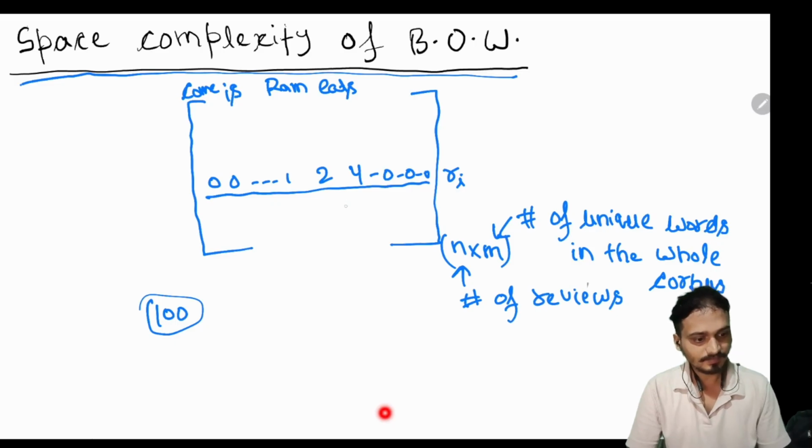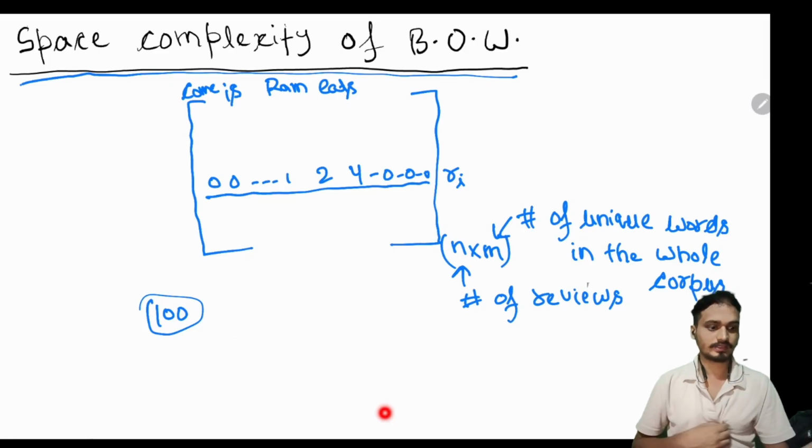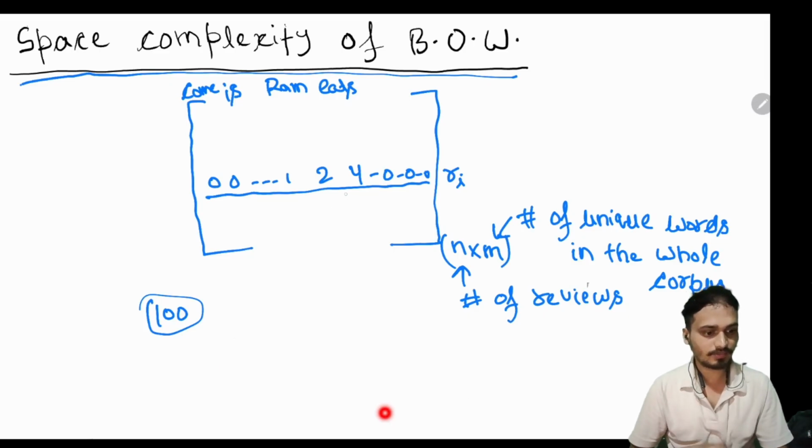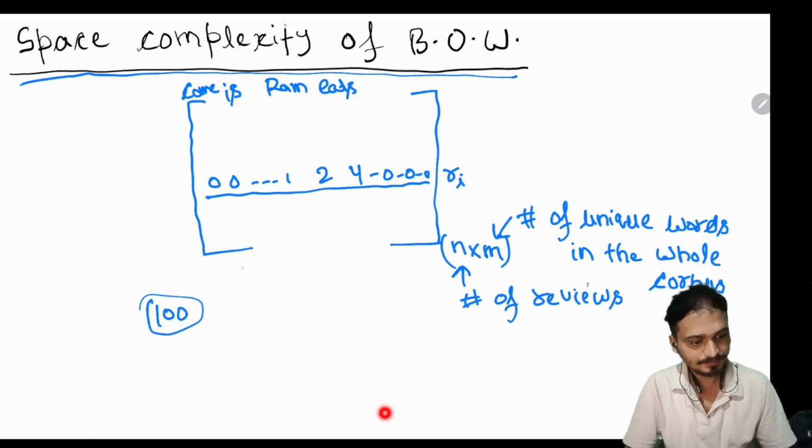And then there we come with a concept. Here we have only 3 words, and remaining all is 0. Since most of them are zero, there is a wastage of space coming over here. So can't we represent it in some better way?